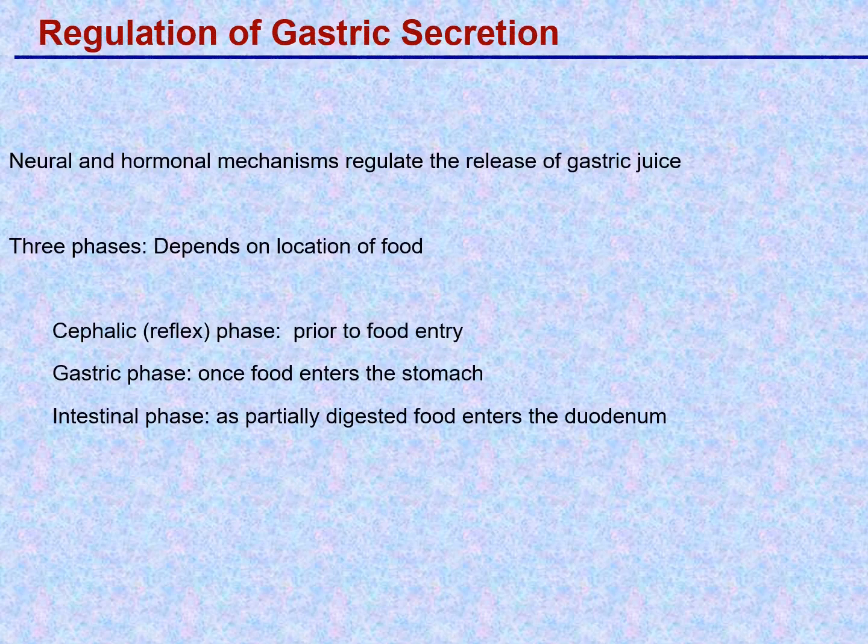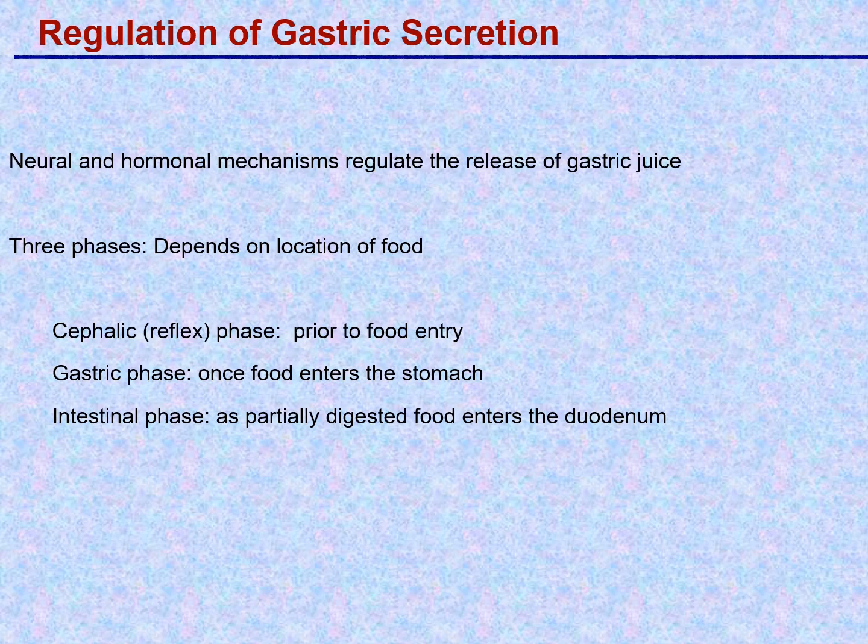Okay, now there are nerve-related and hormone-related mechanisms that regulate release of gastric juice, that combination fluid material of mucus, hydrochloric acid, pepsin, that's gastric juice. There are three phases which depend upon location of the food.